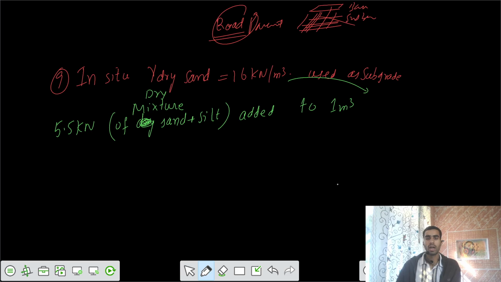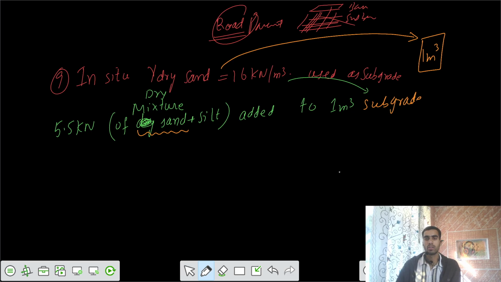So initially you had 1 meter cube of subgrade, and this subgrade was entirely dry sand. Now we are adding a mixture of dry sand plus silt, 5.5 kilonewton of it, to this 1 meter cube of the subgrade.